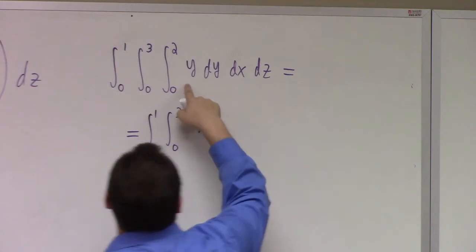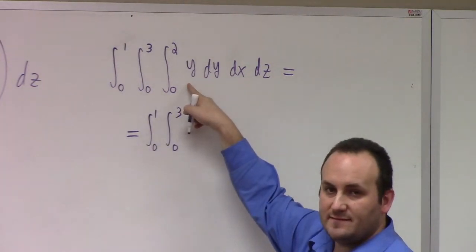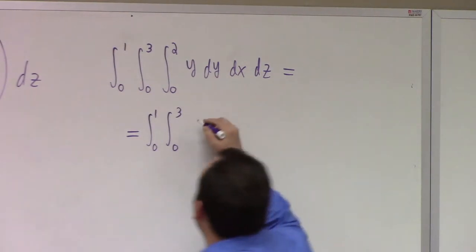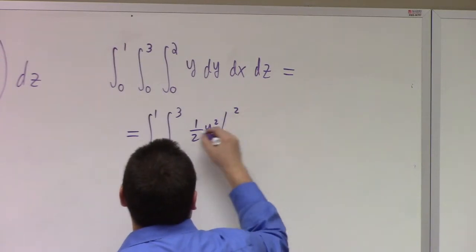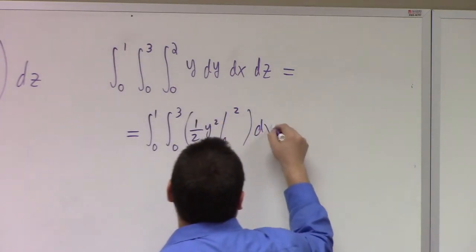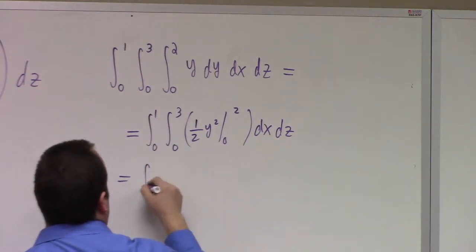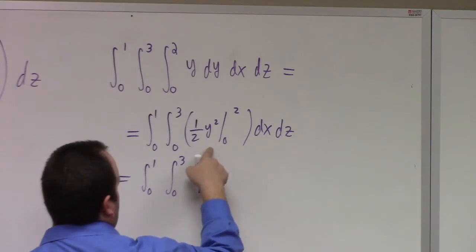The first integral is 1/2 y squared evaluated from 0 to 2, dx dz. That gives us the integral from 0 to 1, integral from 0 to 3 of 2.